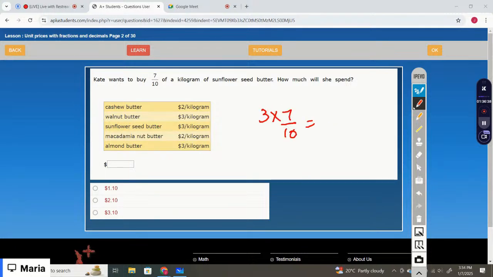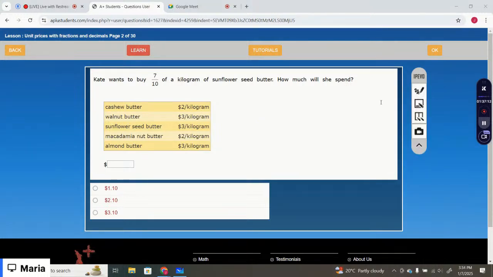That is 3 times 7 over 10, so 21 over 10 equals 2.1. Option number 2 is the correct option.